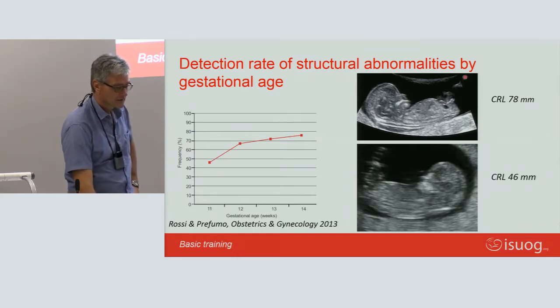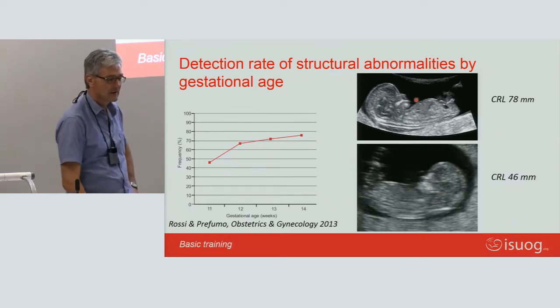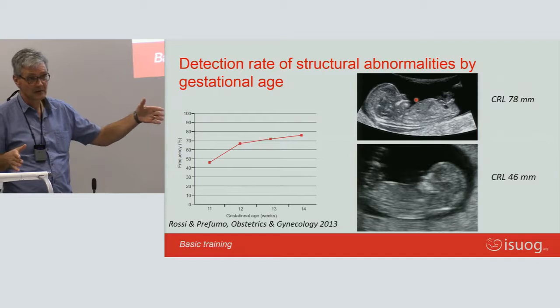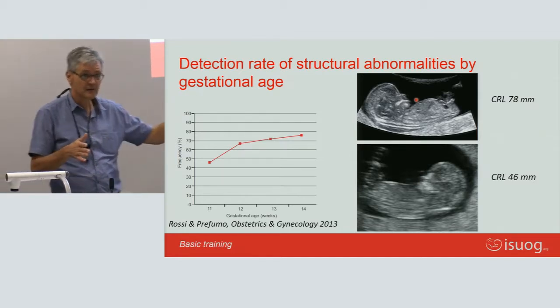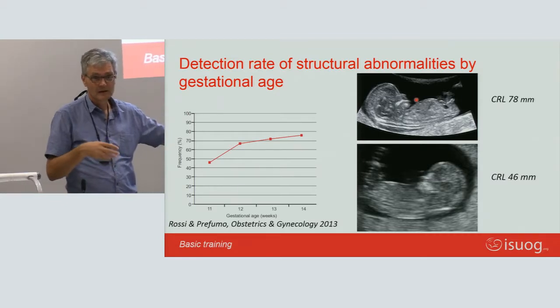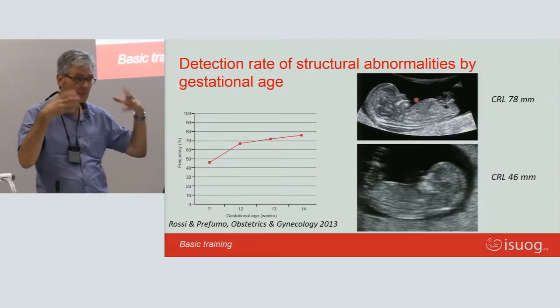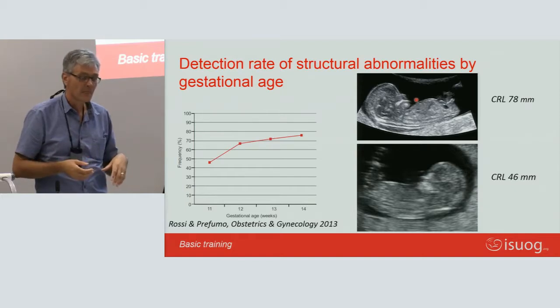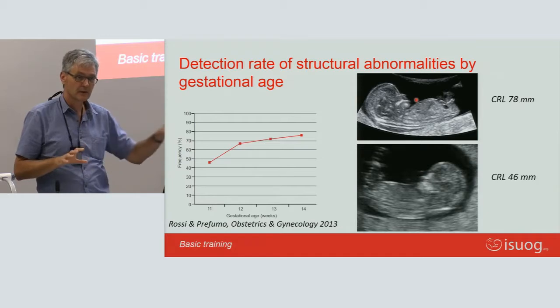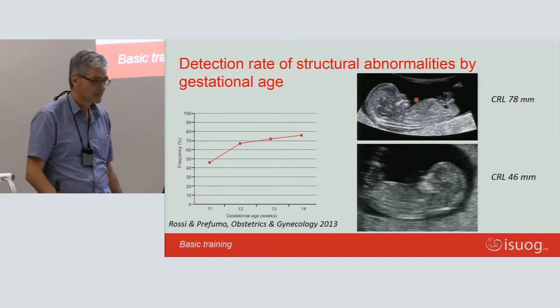And the pictures on the right just show, and of course they really chose a crappy picture of 46 millimeters and an excellent picture of 78 millimeters, but the message is clear that just between 40 millimeters and 80 millimeters, that fetus is twice the size. In other words, it's 8 times the volume. And although we scan in slices, our brains interpret volume as well. So it's just going to be much easier to detect it when that fetus is slightly bigger.